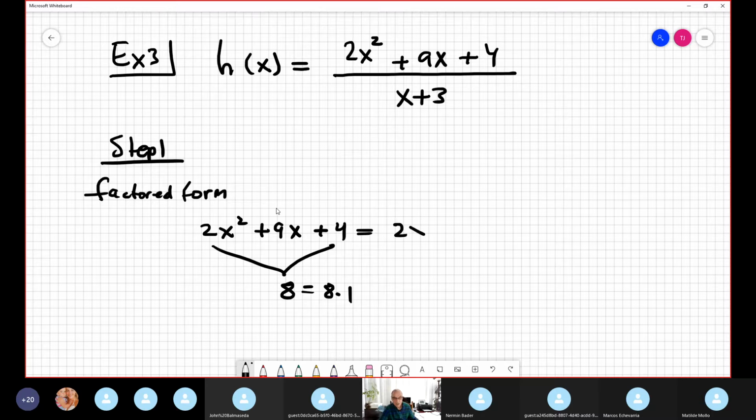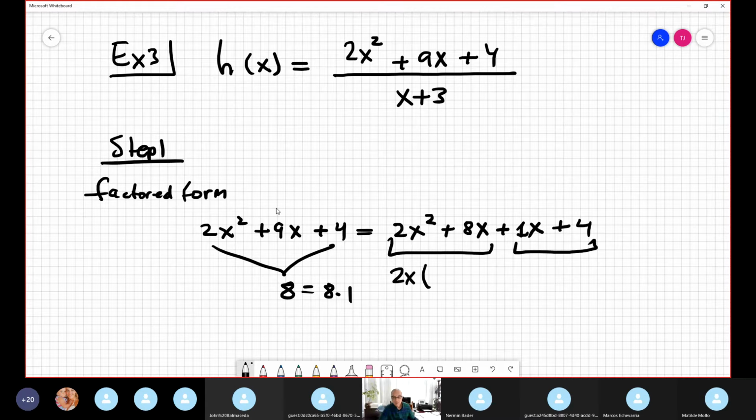And you separate like that, 2x squared plus 8x plus 1x plus 4. And factoring by grouping, the greatest common factor in the first couple is 2x, and we have x plus 4. The greatest common factor in the second is nothing, it's 1, x plus 4. Now, x plus 4 is a common factor, and we have 2x plus 1.